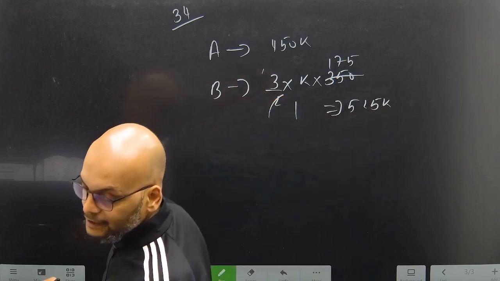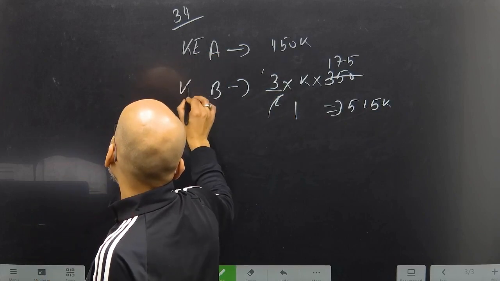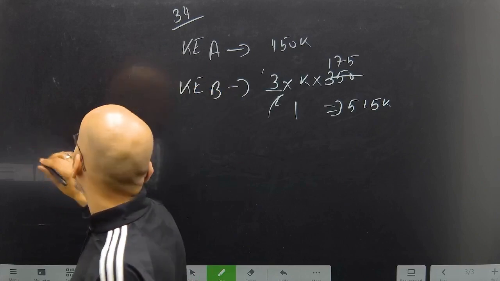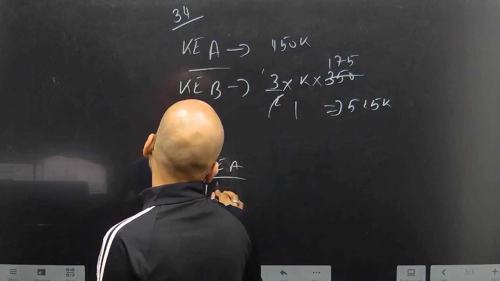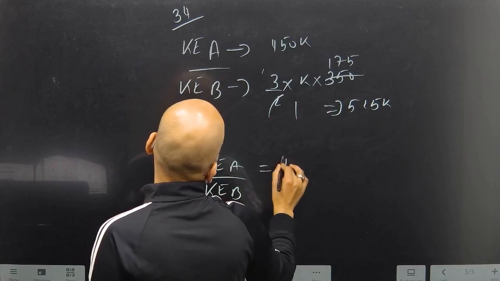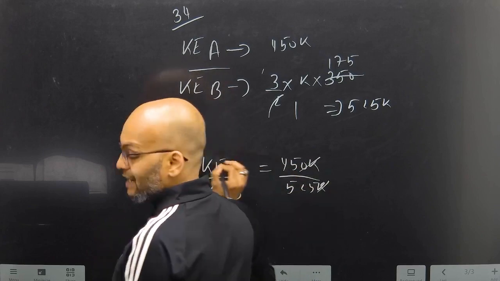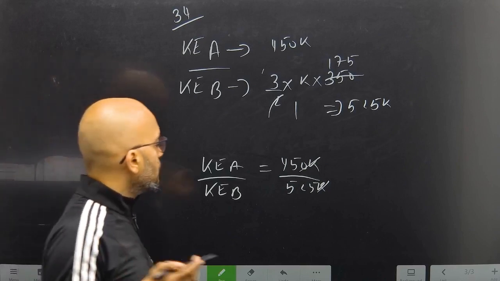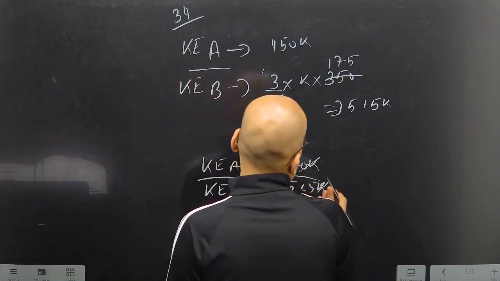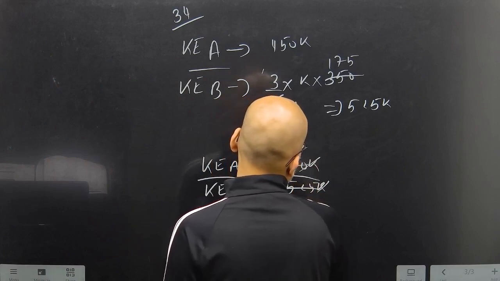Now they are asking you the ratio. We are talking about the kinetic energy of A and the kinetic energy of B. Take the ratio. You need to find out the ratio. You can solve it, and if you want I will solve. 450 over 525, so 5 nines are 45, 5 ones are 105.